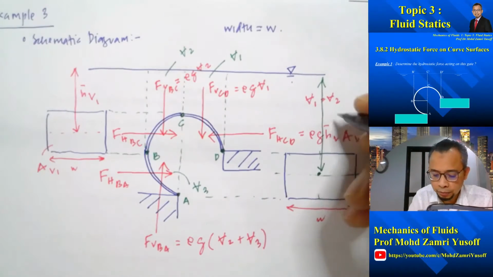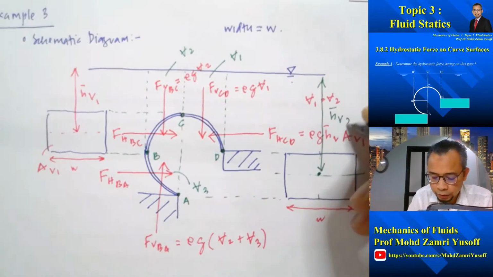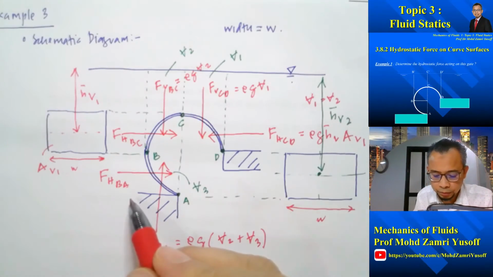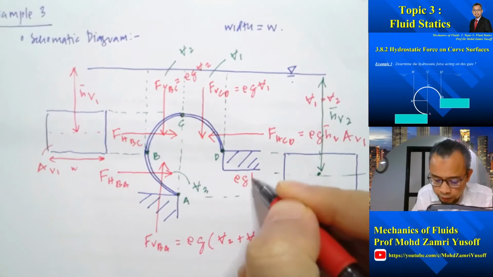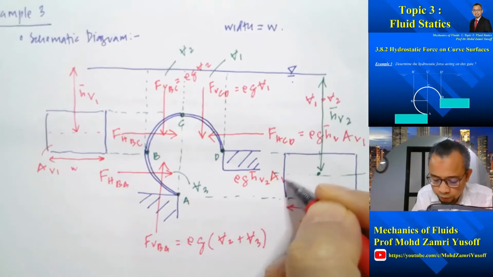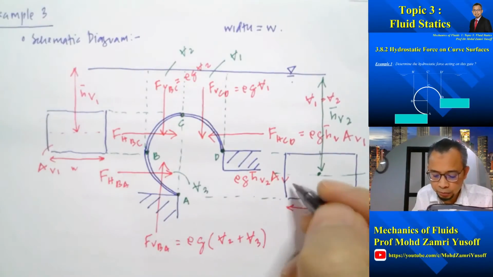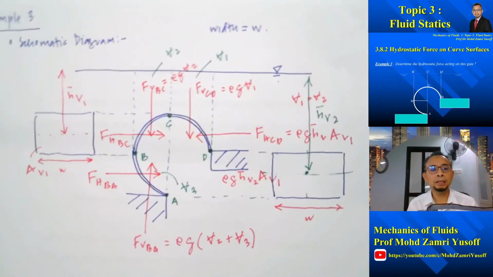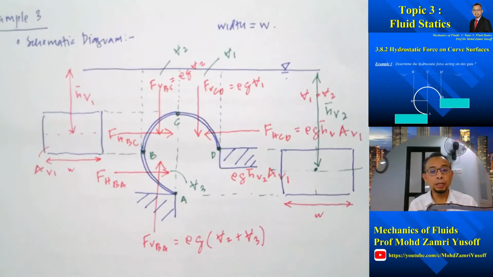So that will be equal to h bar vertical 2. So the force there will be equal to rho g h bar vertical 2 A vertical. A vertical 1 and A vertical 2 are the same, right? Okay, so basically those are the magnitudes and the lines of action of all the components of hydrostatic force acting on this gate.